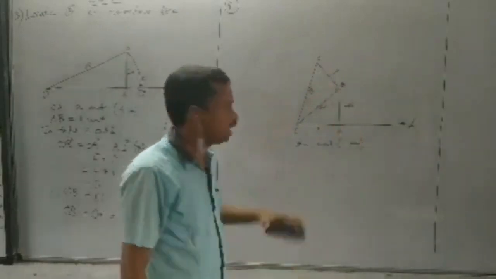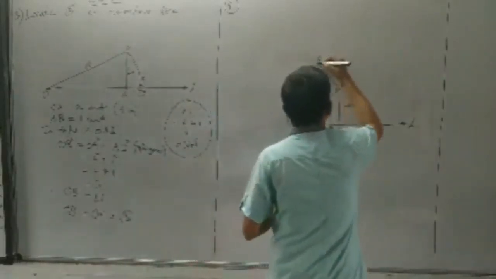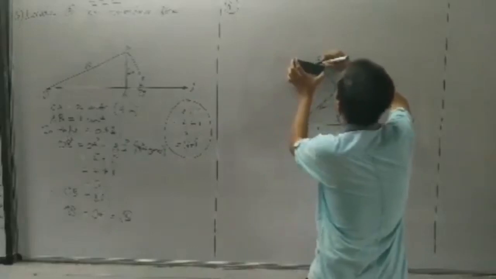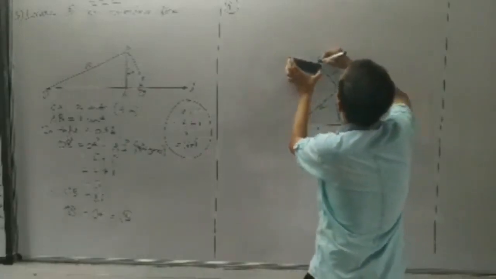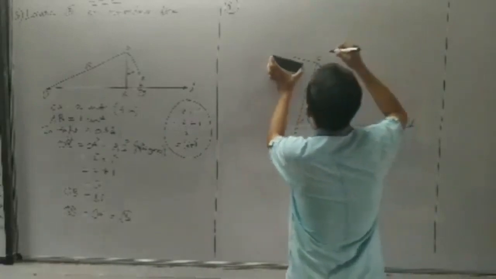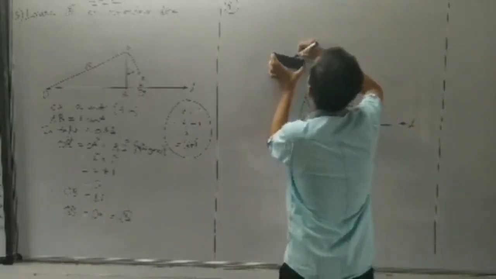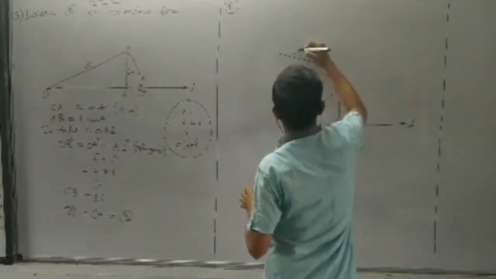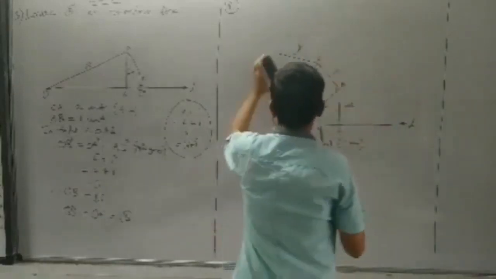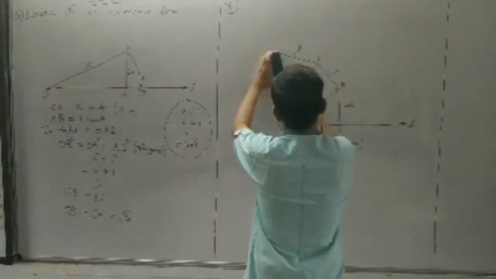Is it clear? And again at C, you take a perpendicular. Clear? Perpendicular to this OC. Okay. So you have to take this. Okay. So this is also how much unit? 1 unit distance. And you join this.